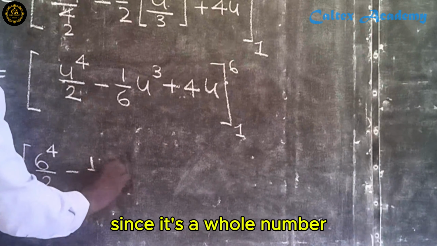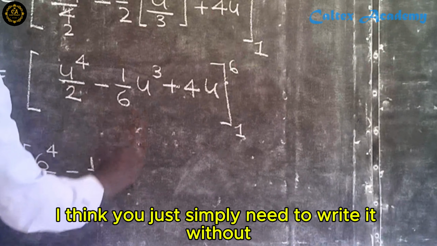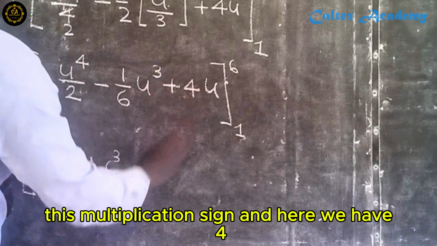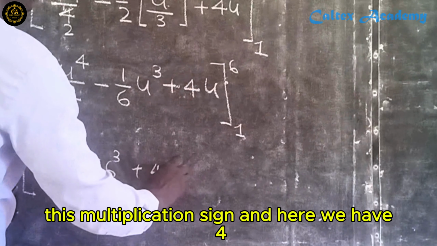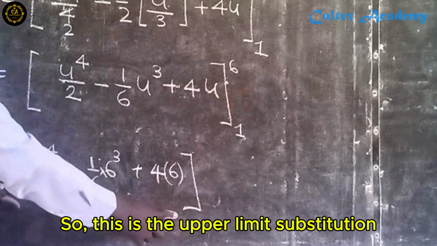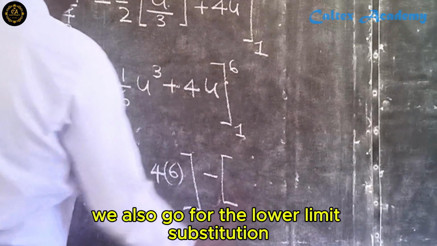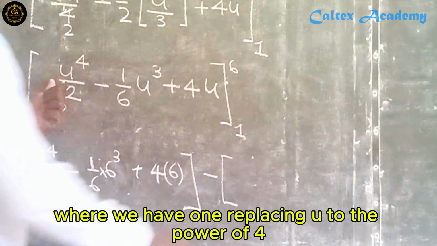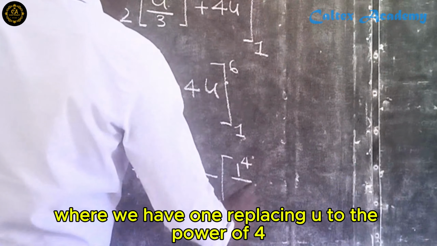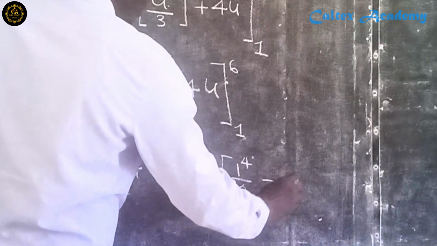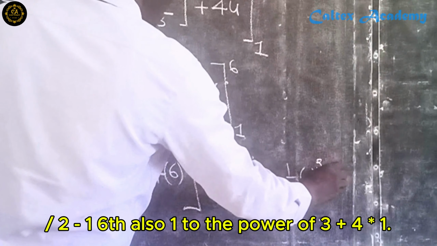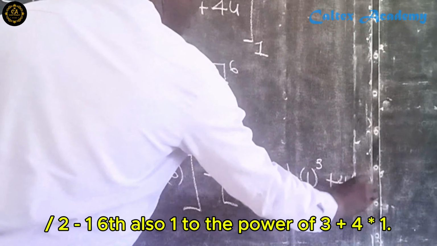Since it's a whole number, we just simply write it without the multiplication sign. This is the upper limit substitution. We also do the lower limit substitution, where we have 1 replacing u: 1 to the power of 4 divided by 2 minus 1/6 times 1 to the power of 3 plus 4 times 1.